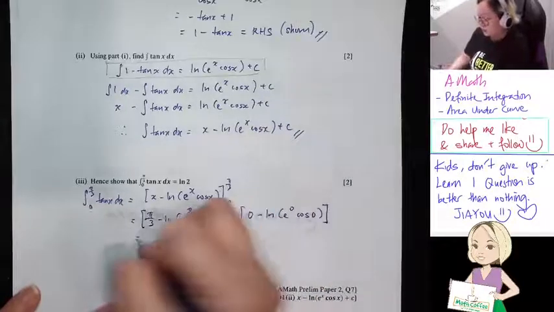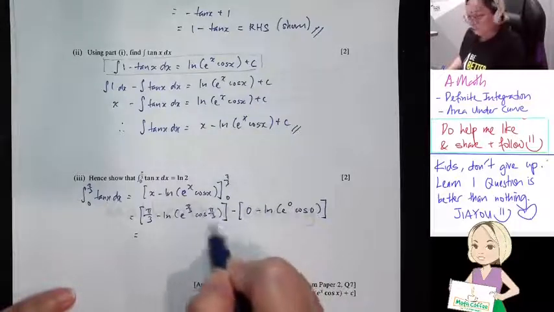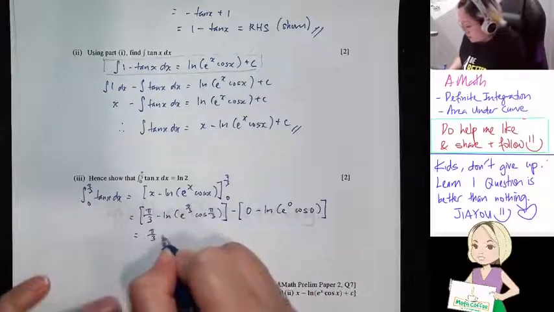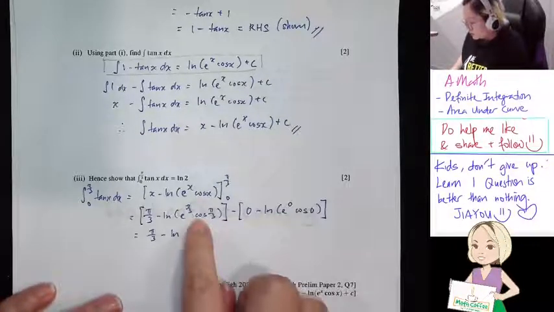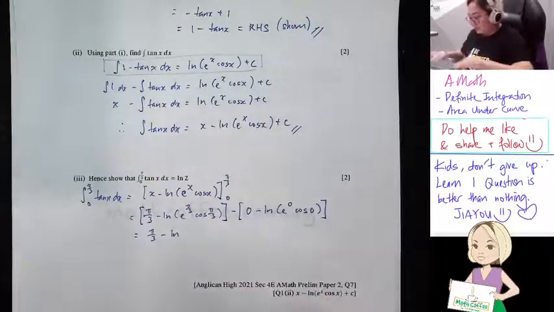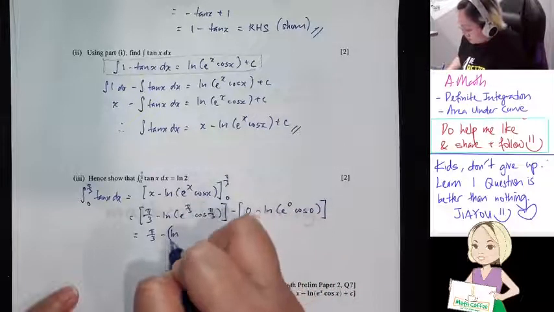Okay, so now let's work it out. Cosine pi over 3 is half. So I will have pi over 3 minus ln. Do you see that this is multiply? If it's multiply, actually I can split it. So it becomes, but you have to be careful that you got to put the bracket.